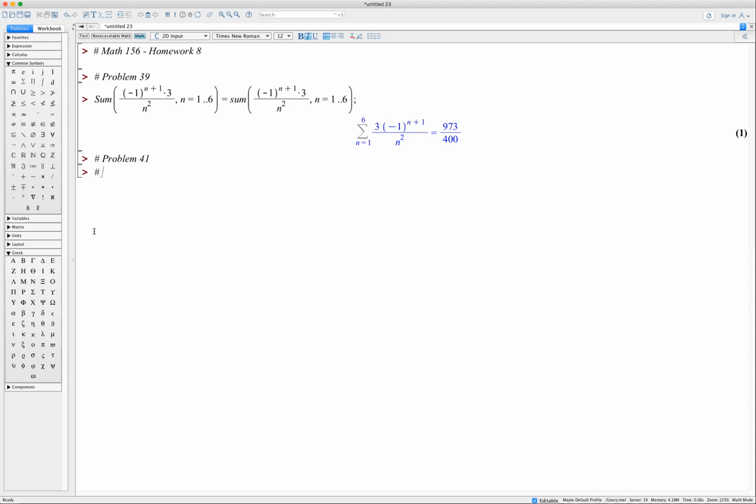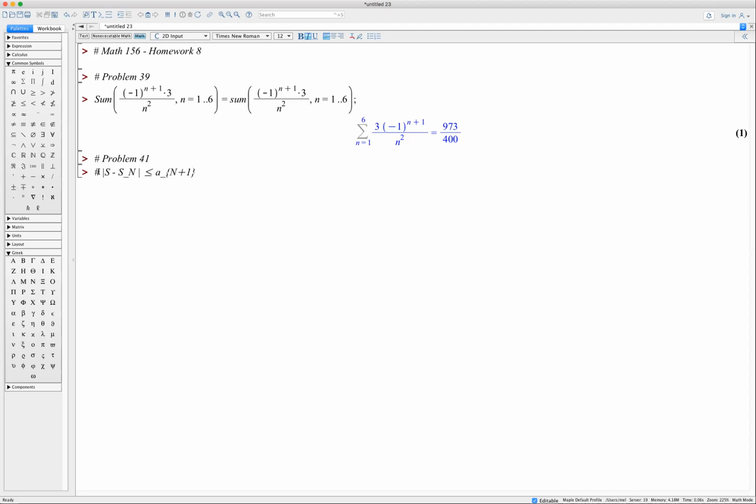If you take the absolute value of the sum of the series minus the partial sum, this means the sum of the first n terms, that's the remainder, and that's going to be less than or equal to the n plus first term, right?